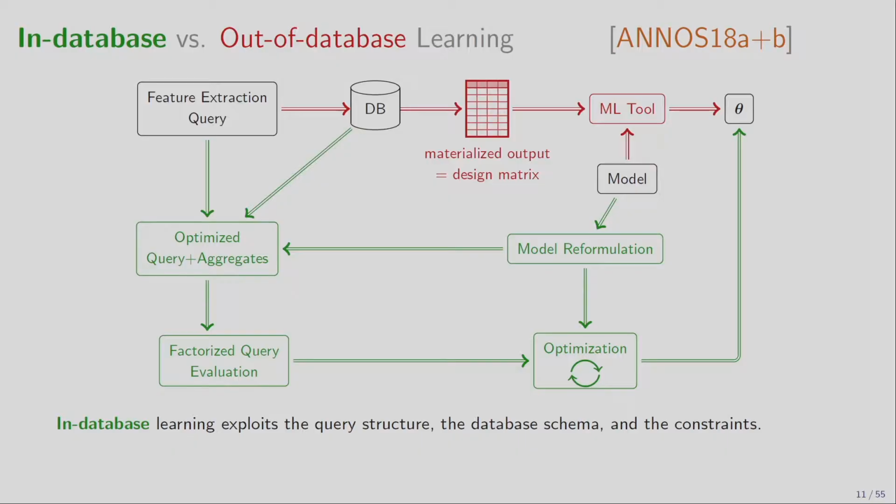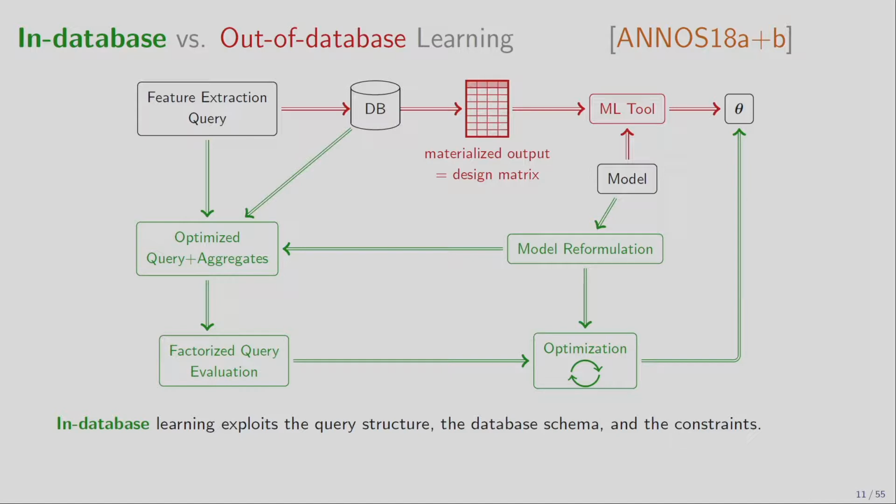So this is the picture here of what we plan to do, and this is in green, for the so-called in-database solution. And the idea is this. Let me take the feature extraction query, not evaluate it yet, and enrich it with semantic information, constraint information, any kind of information we are given by the schema and by the database.